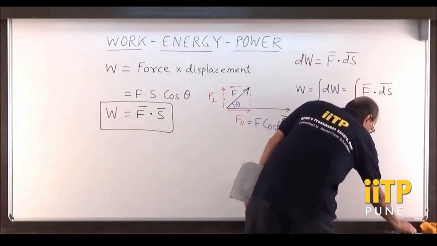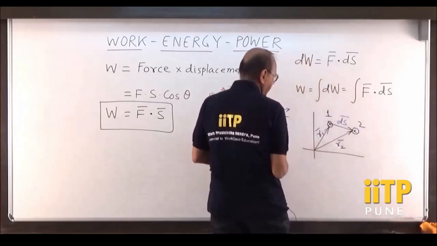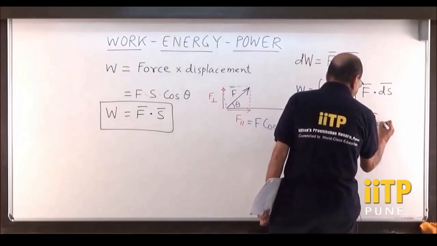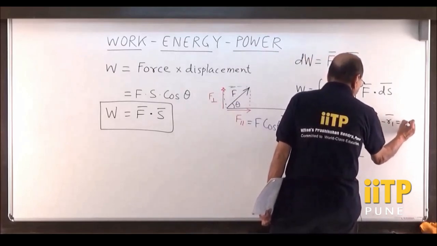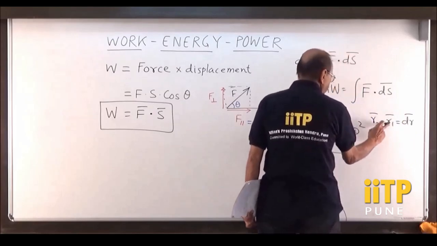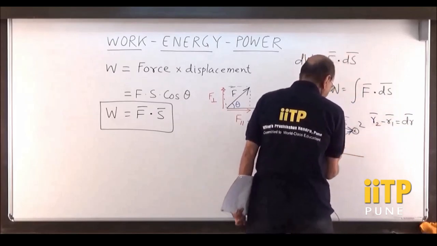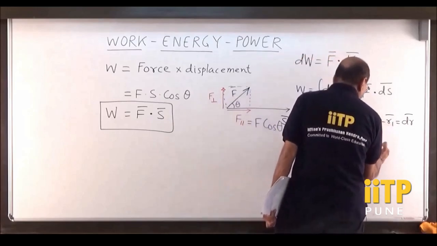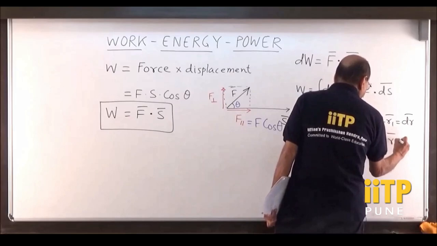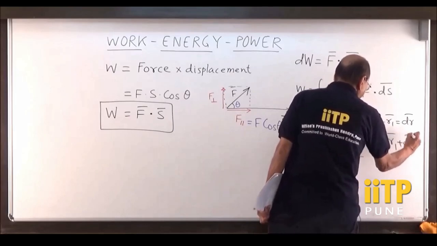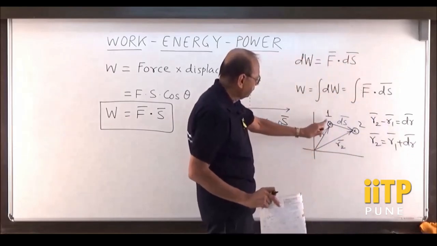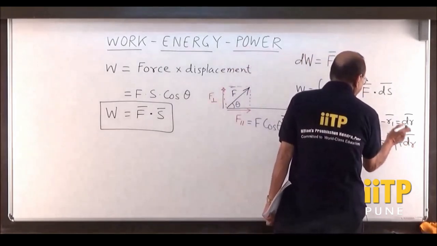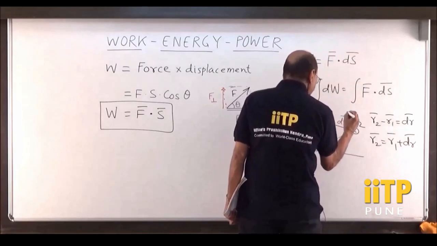But it is very easy to see that final position minus initial position is change in position. So r2 minus r1 is equal to dr, change in position. So r1 plus dr is r2. And in this drawing it is r1 plus ds is r2. So which easily indicates that dr is the same as ds.